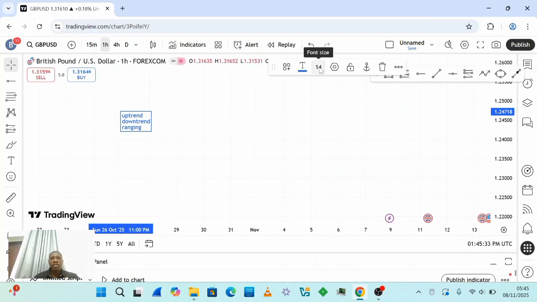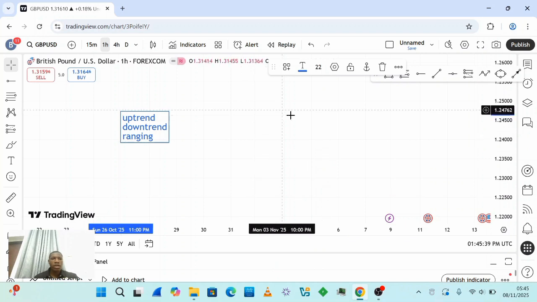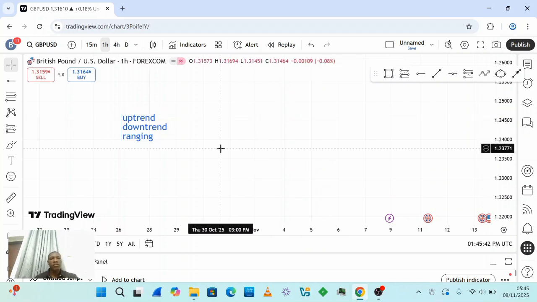Market moves in these three directions. If the market is not going up, it will be coming down. If it is not coming down, it will be ranging.